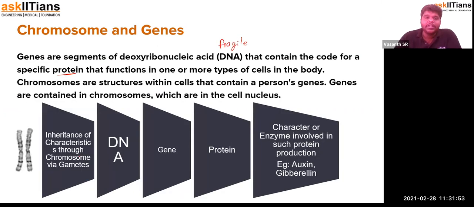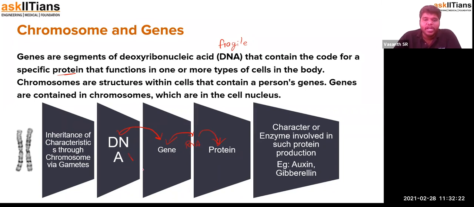So these inheritable characteristics through chromosomes are actually transferred through gametes, and these gametes contain chromosomes, the genetic material, that is made up of DNA, and DNA contains genes, and the gene is responsible for production of proteins when they are expressed. So from a part of DNA, the gene, in between there is a process where RNA is also formed, and from that RNA protein is formed.